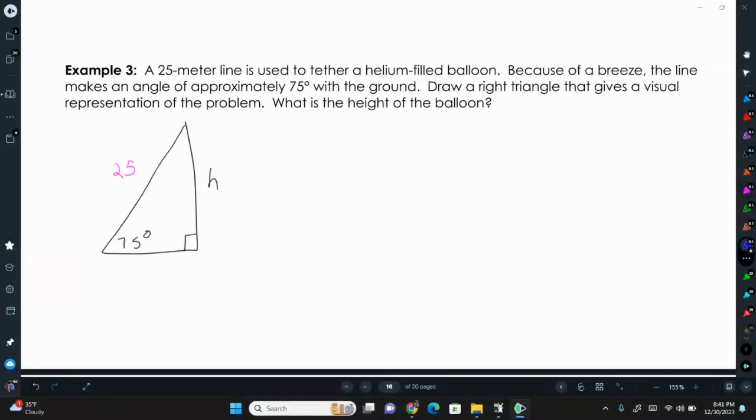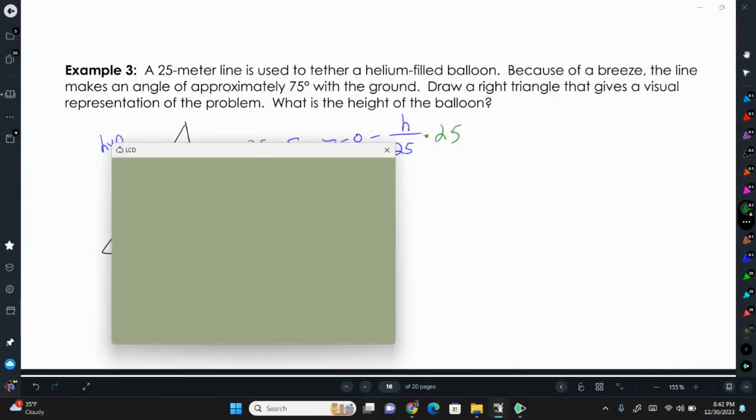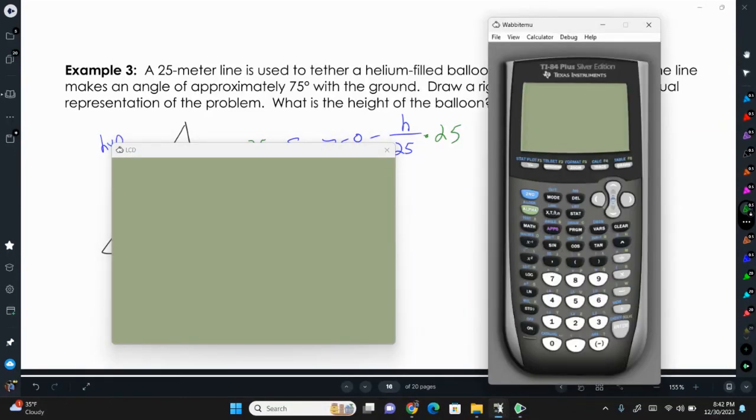So in relation to that angle, this is the opposite side, this is the hypotenuse, and this is the adjacent. So opposite and hypotenuse is sine. So we do the sine of 75 degrees is equal to the opposite side, h, over 25. Multiply both sides by 25. And again, make sure your calculator is in the correct mode.